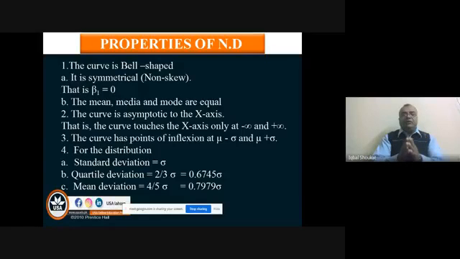Then the curve has the point of inflection at mu minus sigma and mu plus sigma. The point of inflection is a condition or situation where we are unable to decide a specific point, the turning point of the distribution.